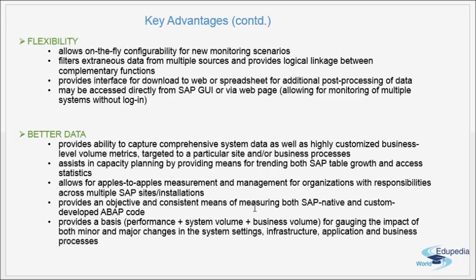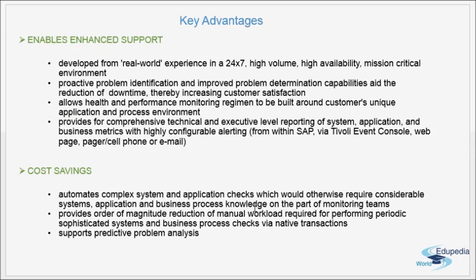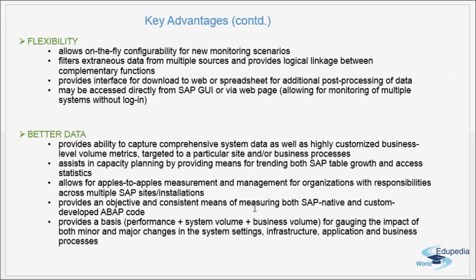So these key advantages, when you use performance monitoring tools in your SAP system, are that it enables enhanced support, then you have some cost saving. You can go through these points. Then it provides flexibility and it gives better data. The output of the metrics collected will be easily understood, and you can easily pinpoint the root causes.